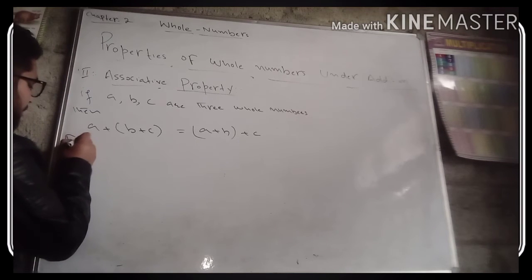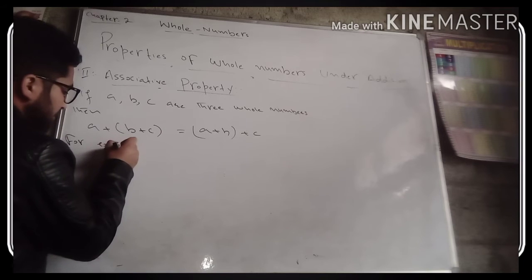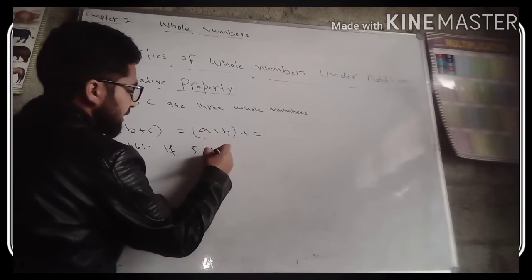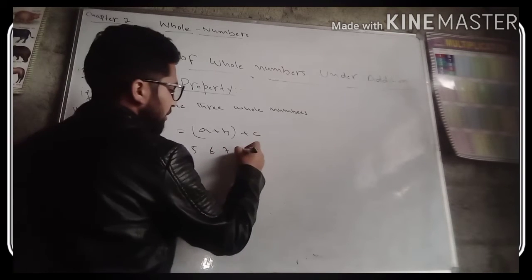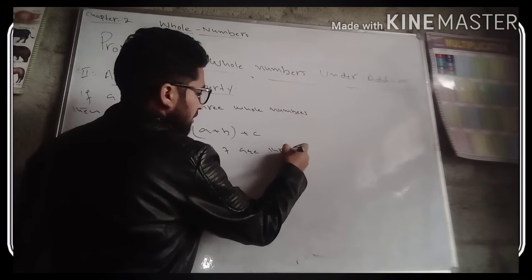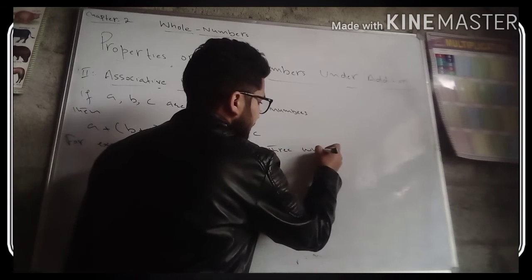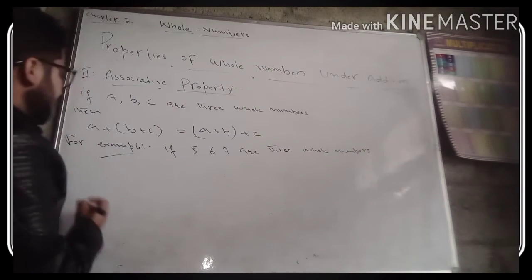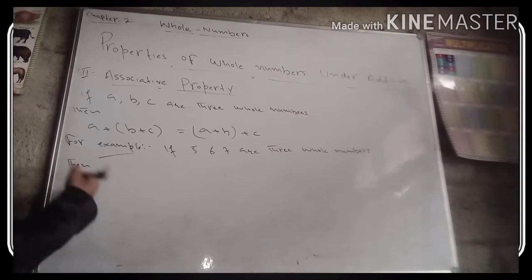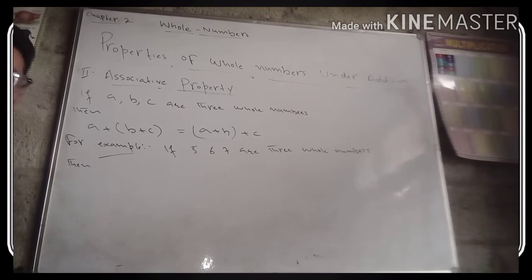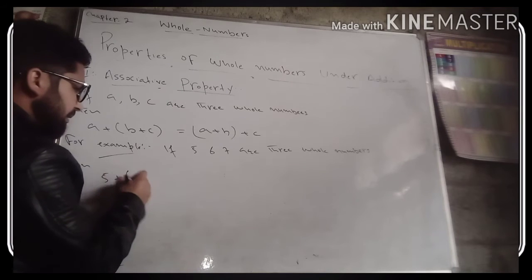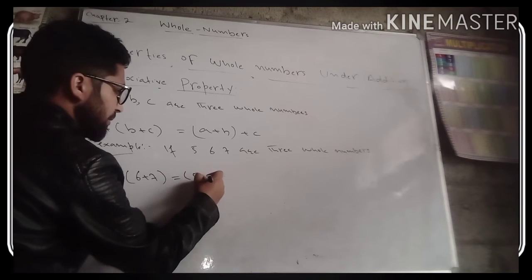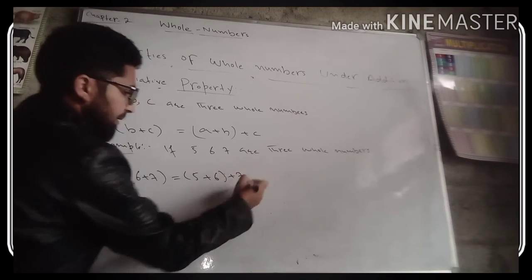So you can write, for example, if 5, 6 and 7 say are three whole numbers, then we are going to write 5 instead of A. Then 5 plus 6 plus 7 equals 5 plus 6 plus 7.